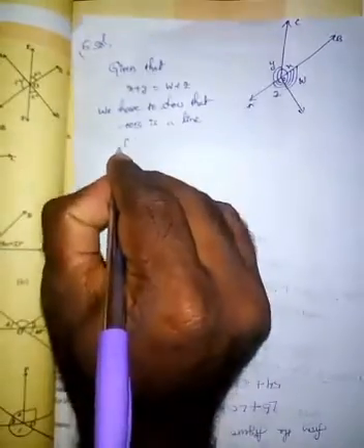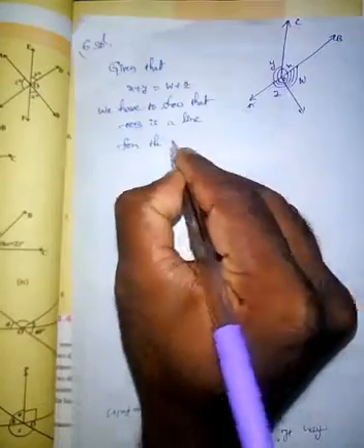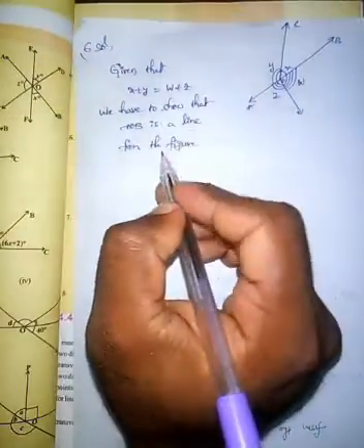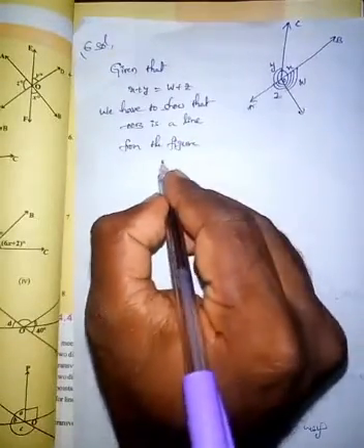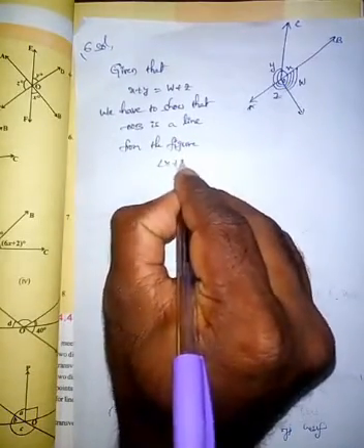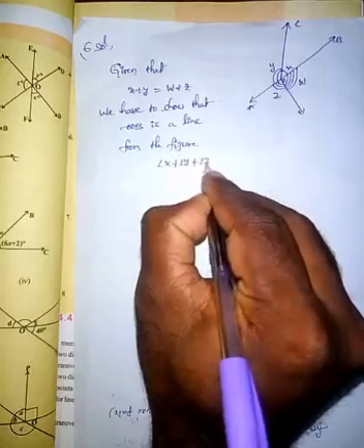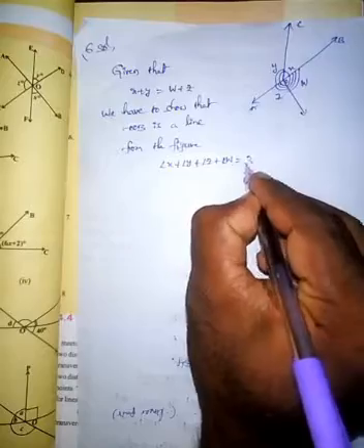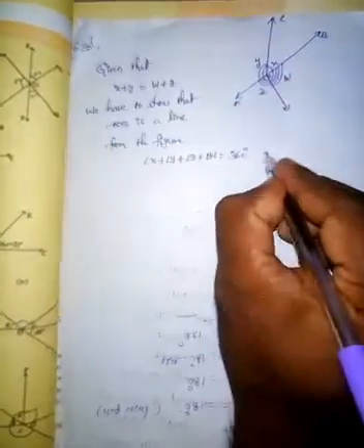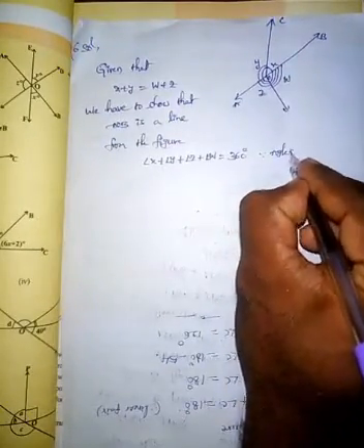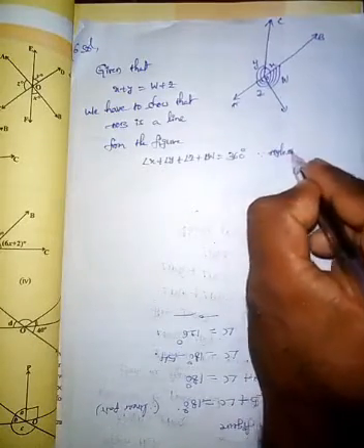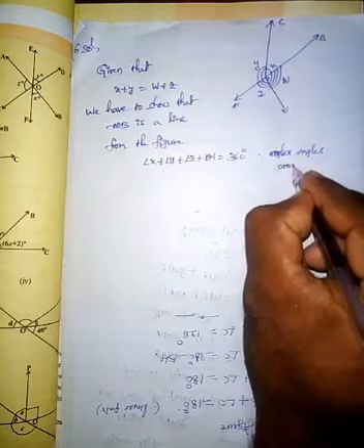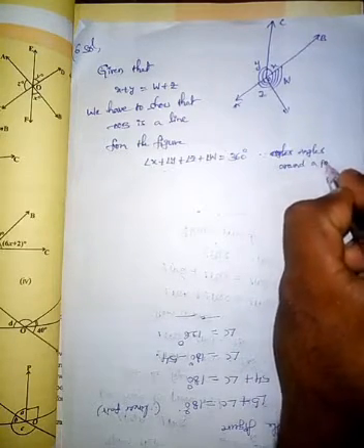So from the figure, angle x plus angle y plus angle z plus angle w is equal to 360 degrees, because angles around a point O.